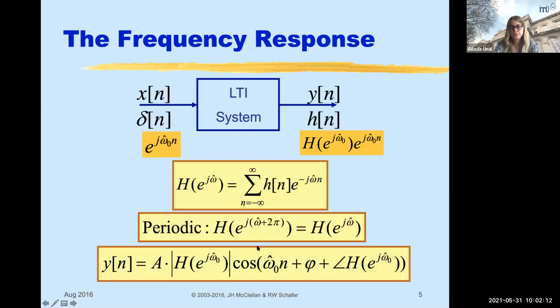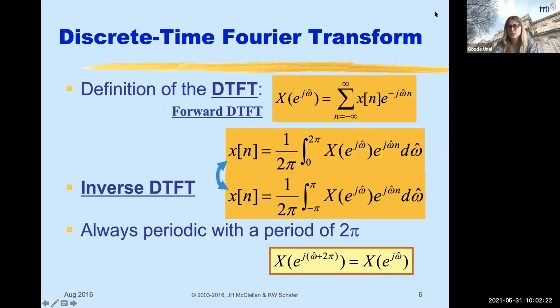So, this is just to recap the frequency response. Remember, we had an impulse response and its corresponding Fourier transform, but let's go to the actual definition of the discrete time Fourier transform. Guys, recall your continuous time Fourier transform definition. That was an integral.